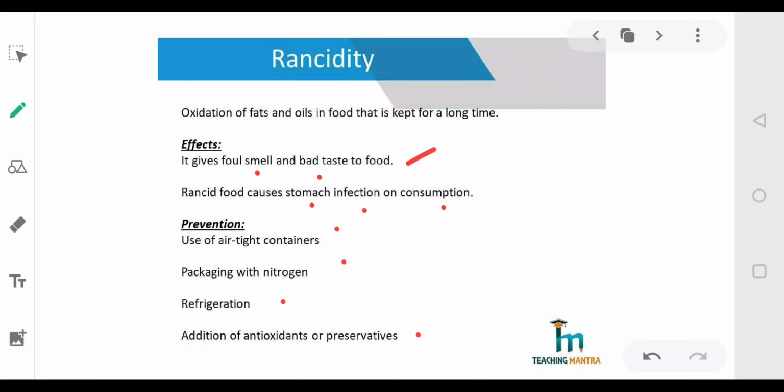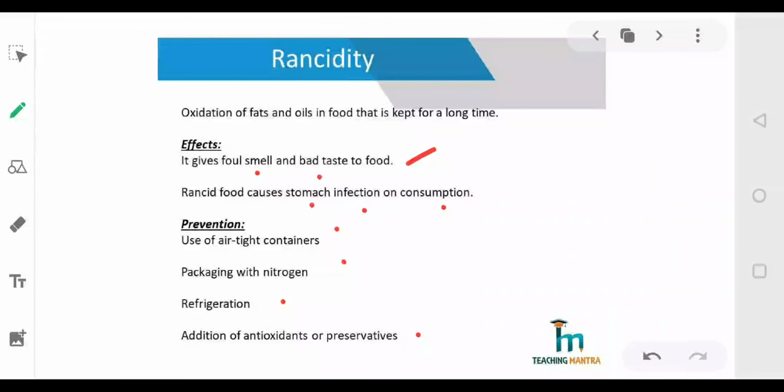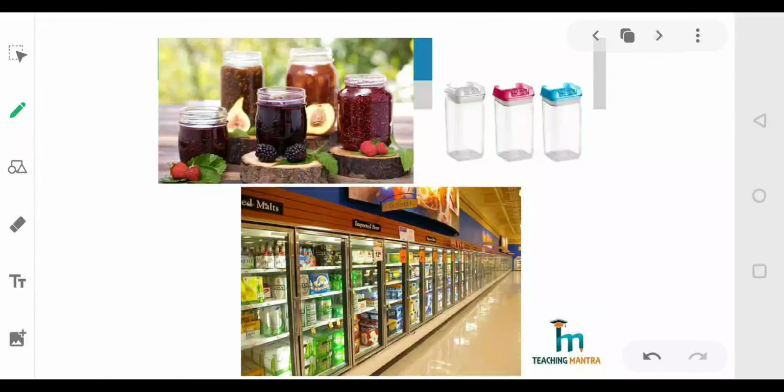You might have seen in pickles, salt is being used as a preservative. See, different food materials are being preserved using preservatives. Airtight containers. This is refrigeration. You might have seen it in various supermarkets and malls. That is refrigeration.